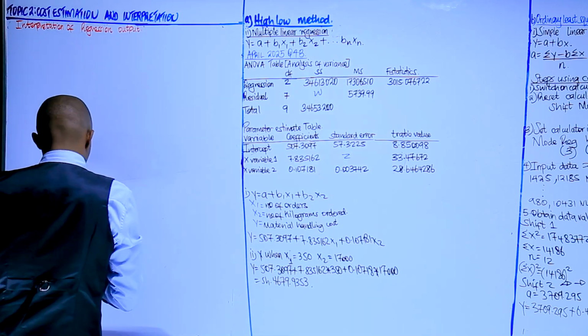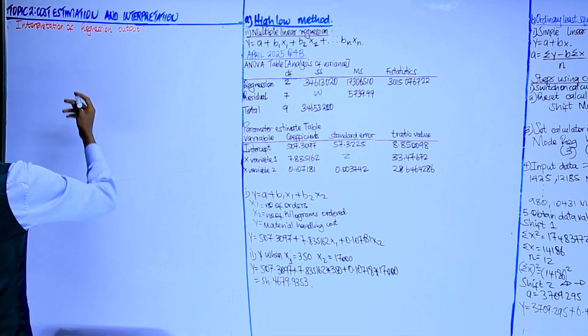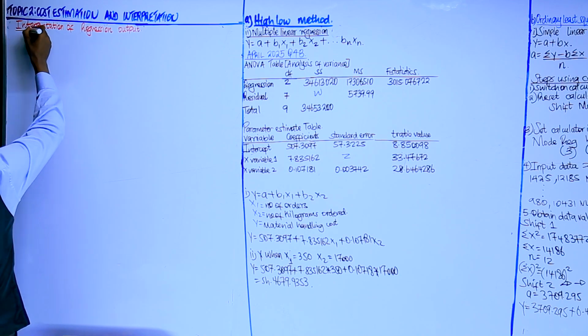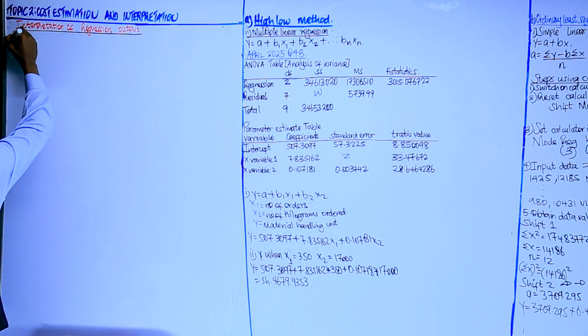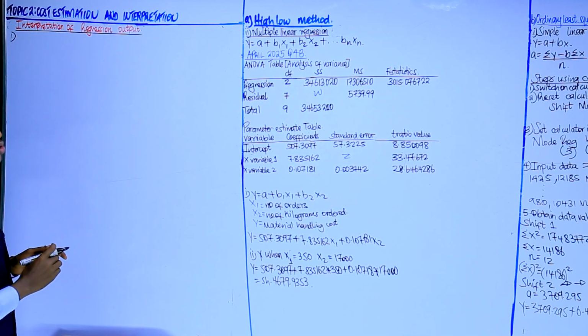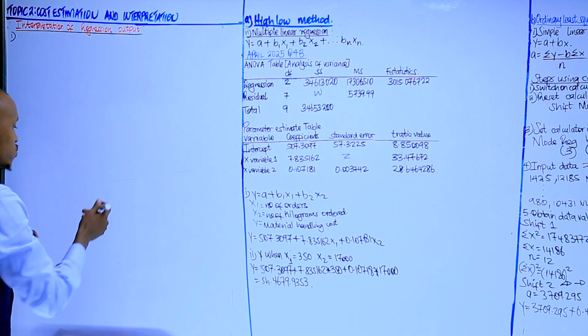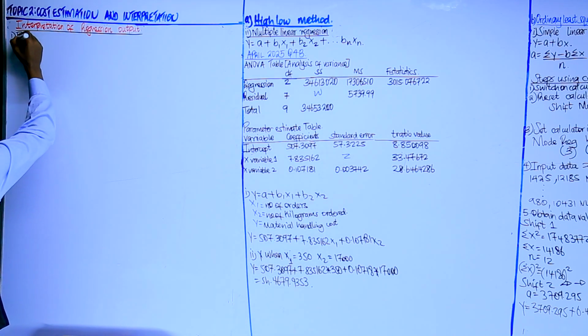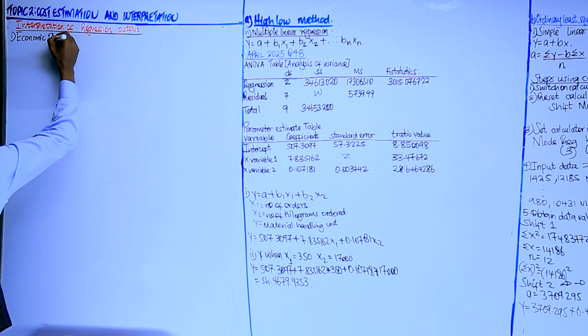That is what I want us to talk about today. The first method that you use to interpret your regression equation is what we refer to as economic plausibility.